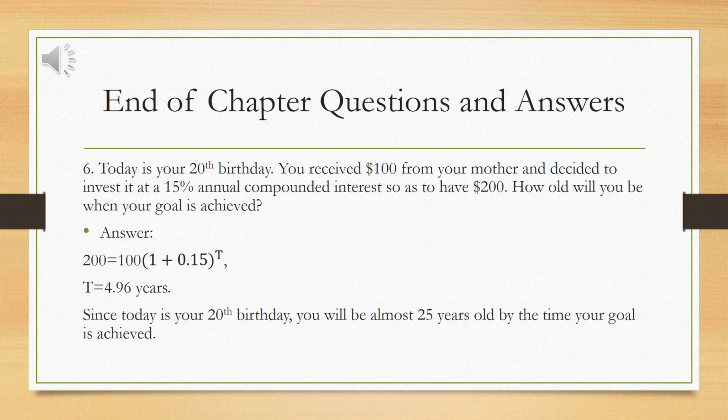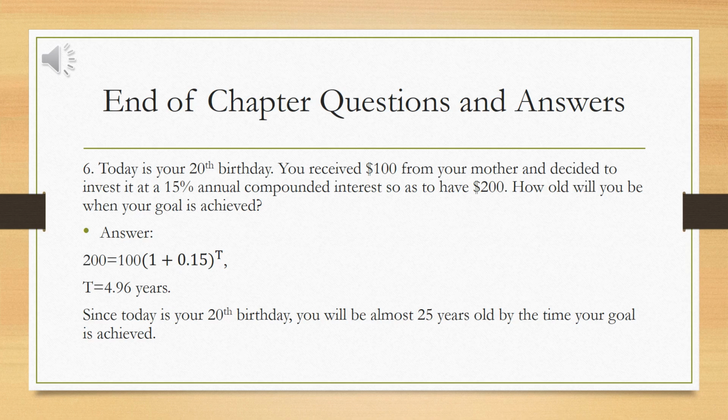Today is your 20th birthday. You received $100 from your mother and decided to invest it at a 15% annual compounded interest rate so as to have $200. How old will you be when this goal is achieved?